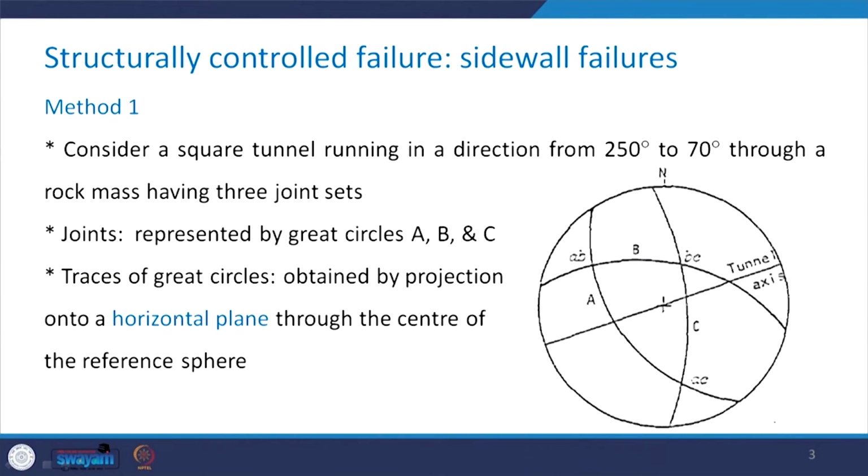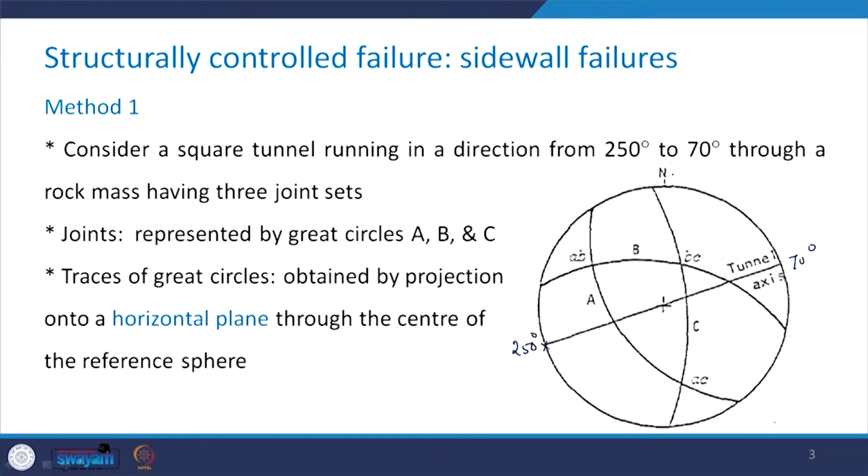Here we consider a square tunnel which is running in a direction from 250 degree to 70 degree through a rock mass which has three joint sets. Take a look here, this is north. 70 degree means this angle and this is your 250 degree.